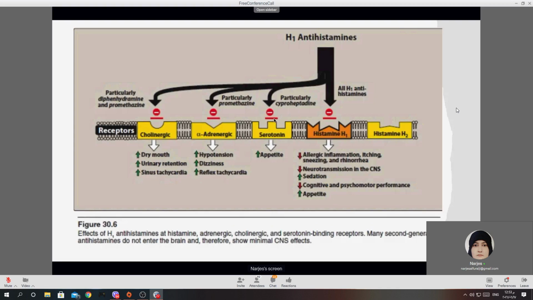As I mentioned, another unwanted effect, of particular interest for promethazine, is through alpha-adrenergic receptors, causing hypotension, dizziness, and reflex tachycardia. One of the unwanted effects through cholinergic receptors will cause dry mouth, irritation, and sinus tachycardia.